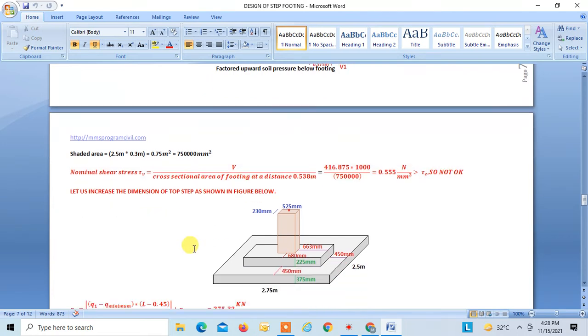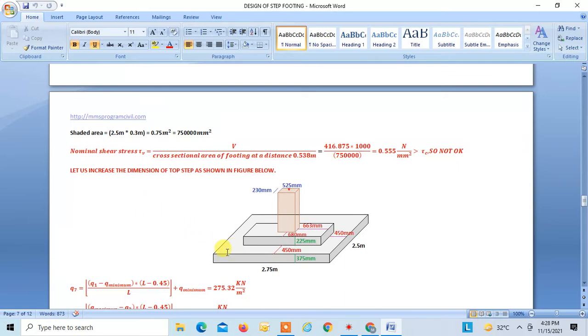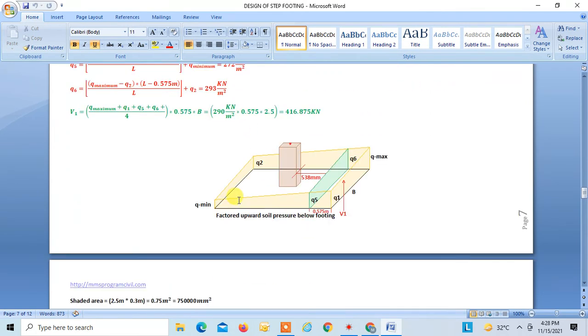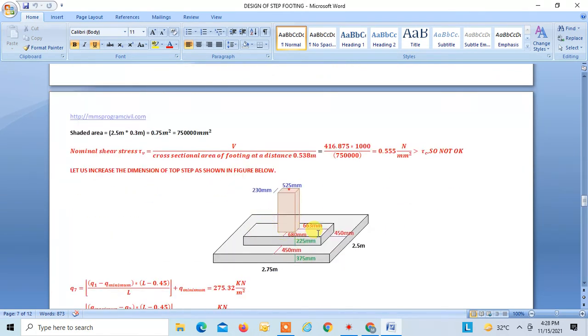So what I am doing is, instead of 575, originally I had kept this as 575. Now I am increasing the length in both directions of step 1, and I'm reducing this to 450. Plus the depth of the first step was 300 mm, which I am reducing to 225 mm, and the depth for the bottom step was 300 mm, which I am increasing to 375 mm.